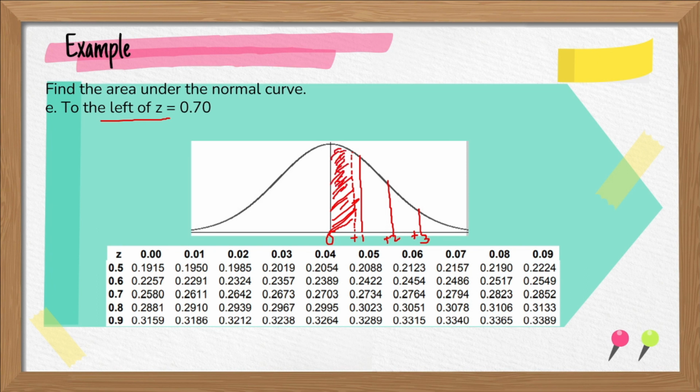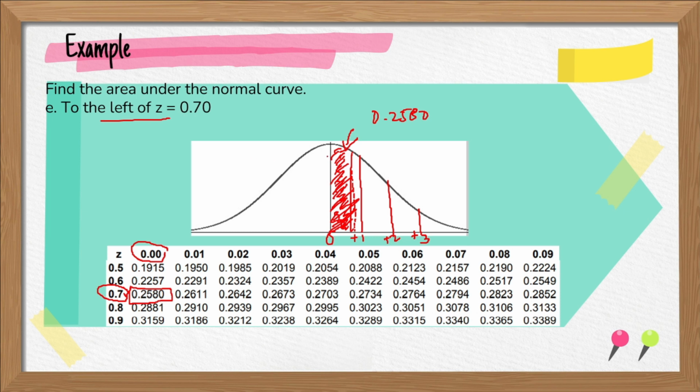Then, kunin natin yung area niya. So, 0.7 and 0.00. So, ang katapat ay 0.2580. So, ang area niya ay 0.2580.